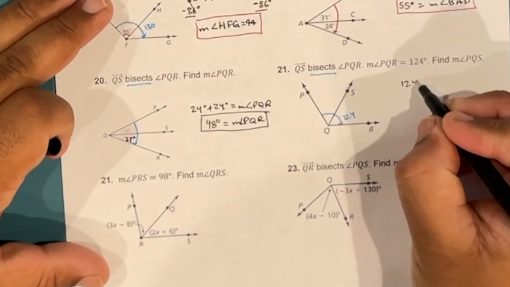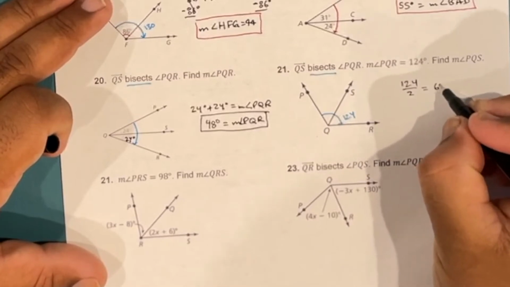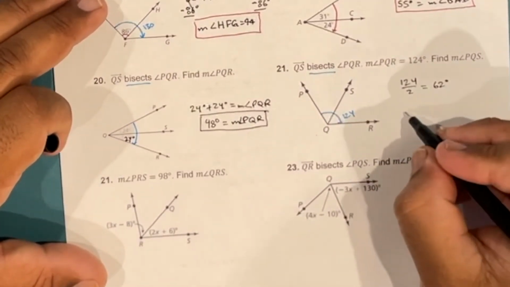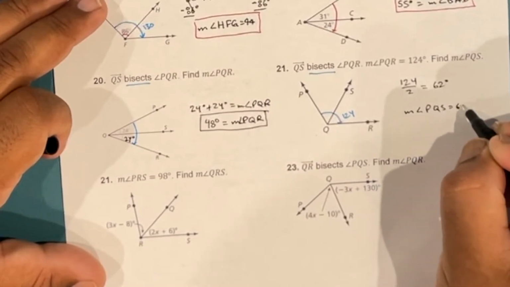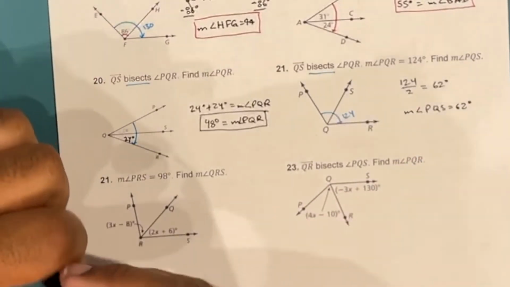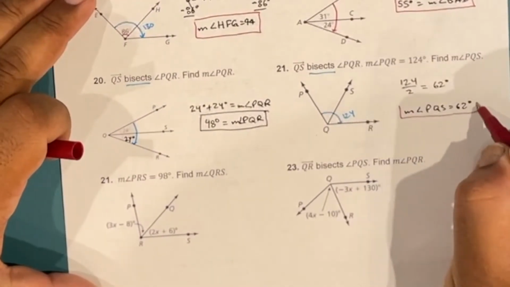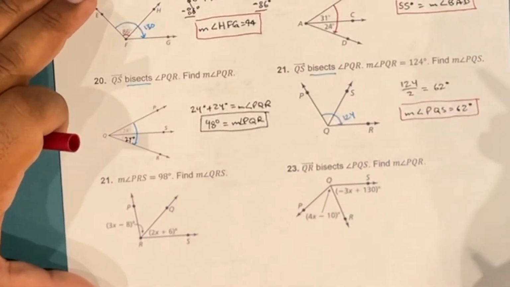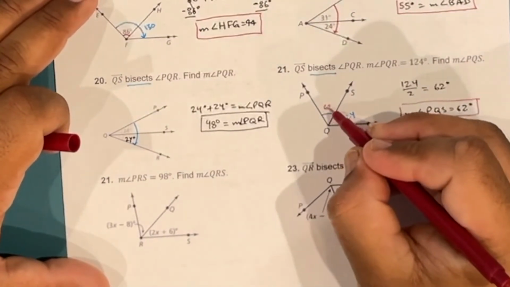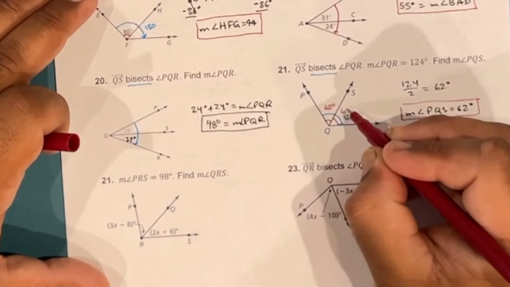So 124 divided by 2 equals 62 degrees. So measure angle PQS equals 62 degrees. And if they ask me what the angle of SQR is, that's also 62 degrees. So 62, and this one right here is 62 degrees.